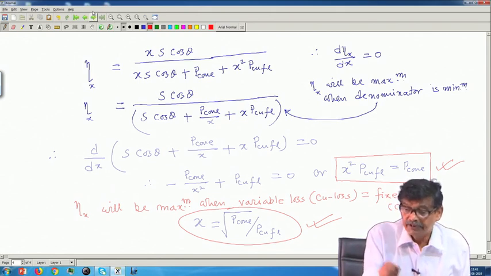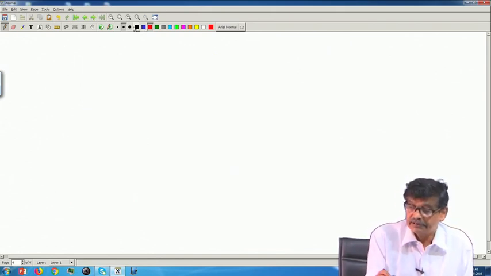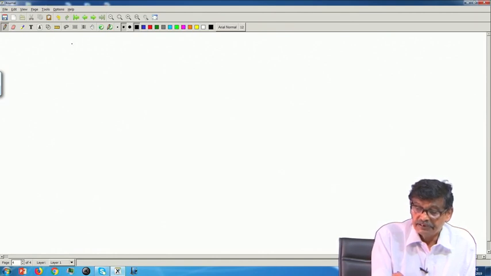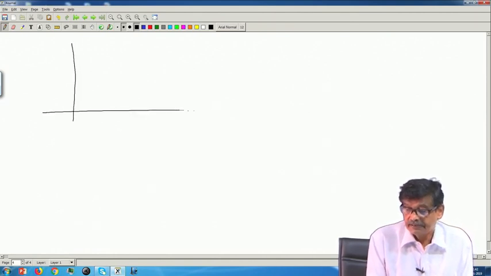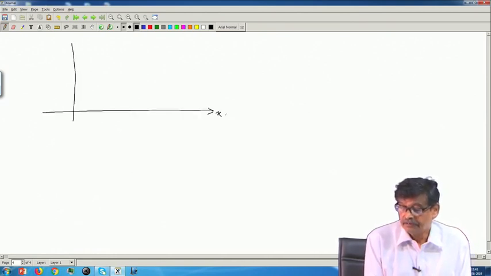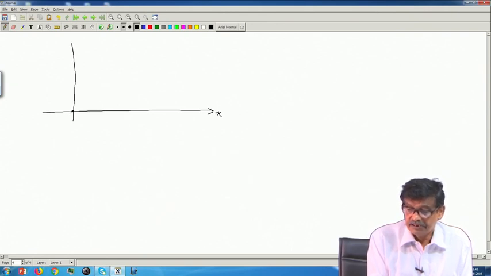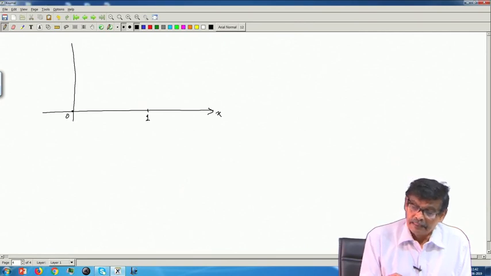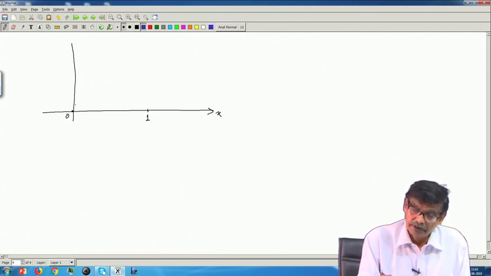If I go to the next page, as I was telling, the efficiency versus degree of loading curve: it is 0 here, the degree of loading is 1 here, then the efficiency curve will be somewhat like this, it then decreases.